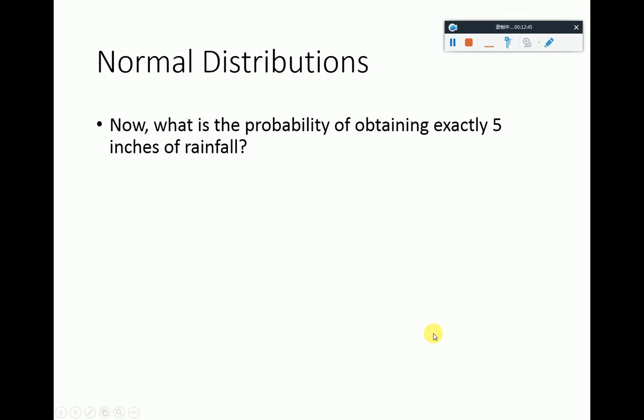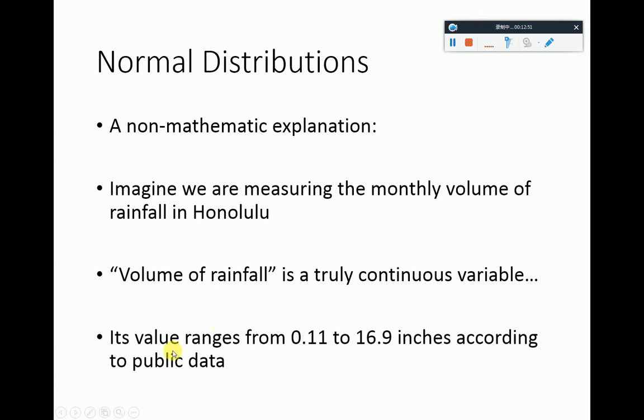Now let's say I don't even have to assume that the volume of rainfall follows a normal distribution. That doesn't matter actually. The rule that we just said, that the probability of obtaining a precise value is very close to 0, applies beyond normal distributions.